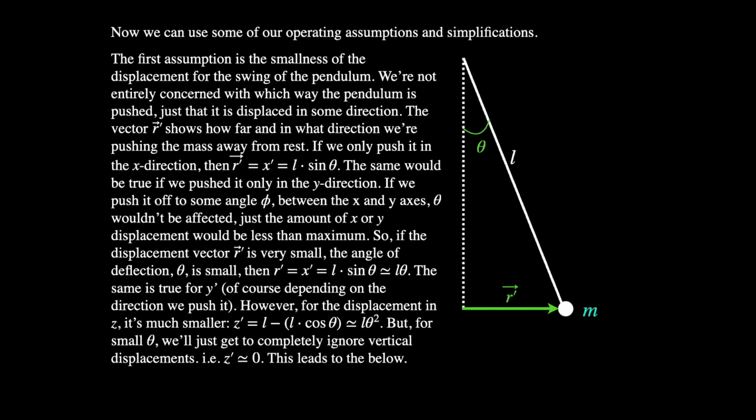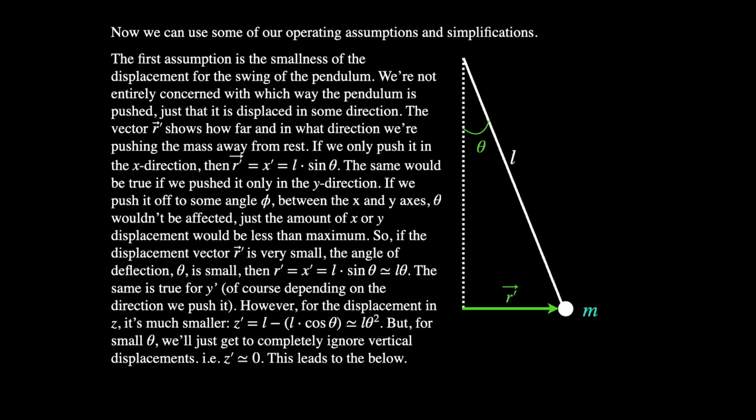So if the displacement is small, then the angle of deflection is small, and therefore the magnitude of the r vector is approximately x. Let's say we're just keeping it in the x-plane. If the magnitude of the r vector is x tick, and that's equal to L sine theta, and it's a small deflection, then sine theta is approximately theta.